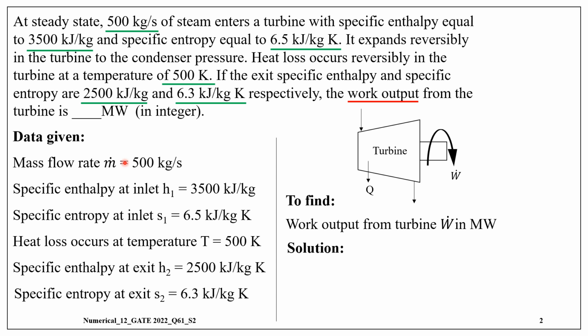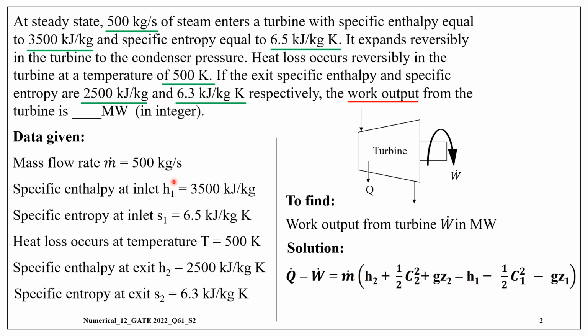What is the solution? Turbine is a steady flow device, and hence we can apply steady flow energy equation. W dot we need to find out. Mass flow rate is given. H2 is given.